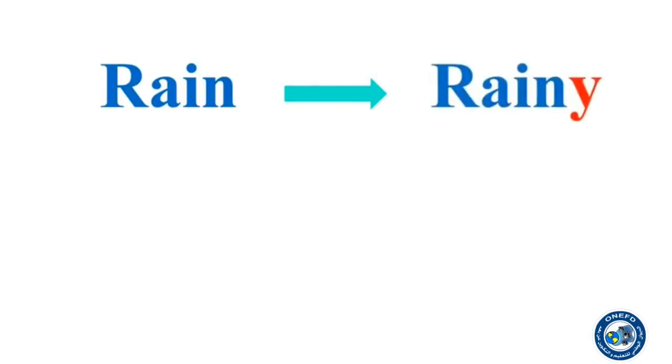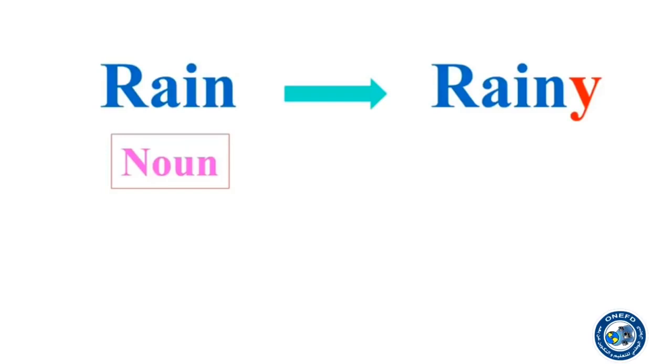So we have rain. The weather is rainy. Rain, rainy. As you can see, dear pupils, there is a small difference between rain, rainy. What do we add? We add y at the end.